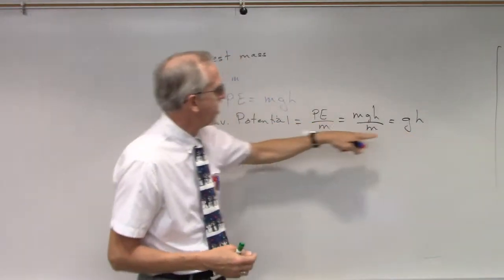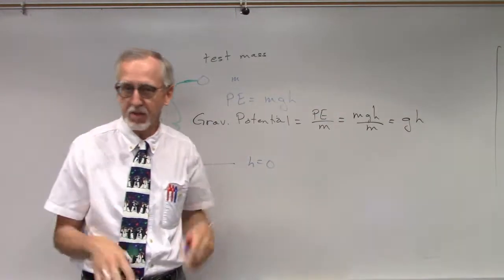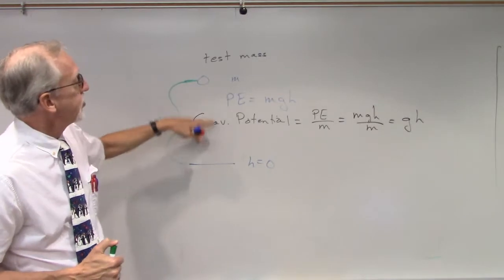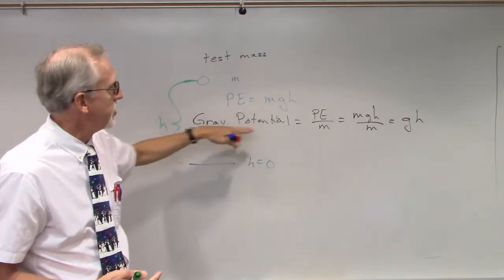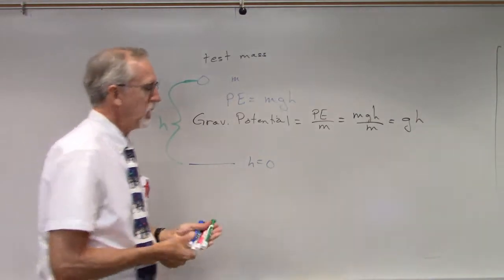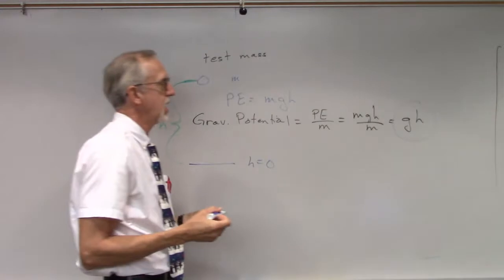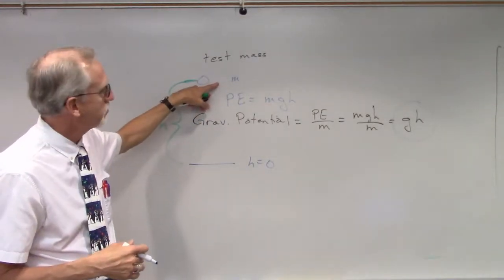But remember, we derived this for being close to the Earth's surface, say within 5 kilometers or so. It's a relatively good approximation. So we can define then this gravitational potential, not potential energy, but gravitational potential, which only depends on the strength of the gravitational field and our position, the height above our ground level.